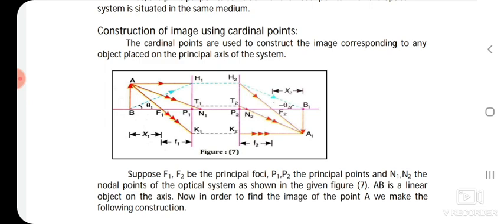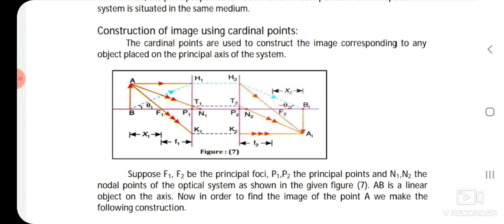Okay, means there are three cases: in the first, the initial ray is parallel to the principal axis; in the second, the ray passes through the first focal point F1; and in the third case, it is directed towards the first nodal point.